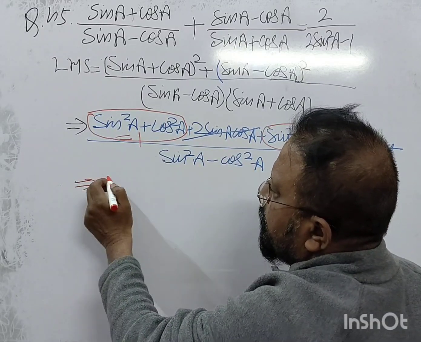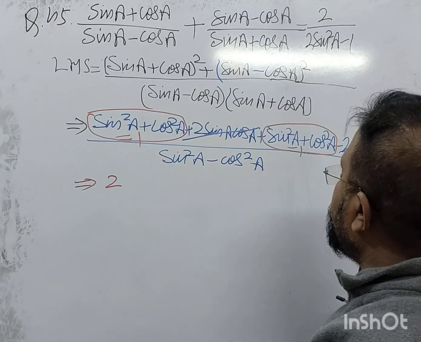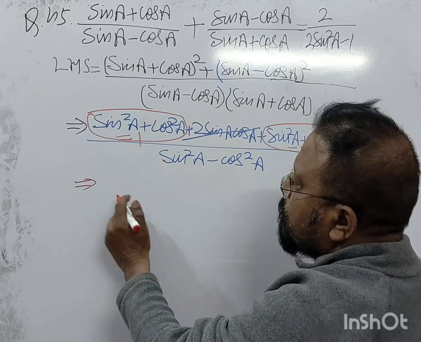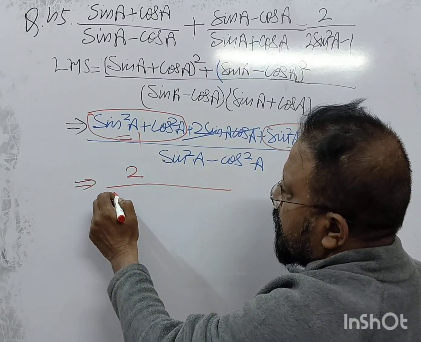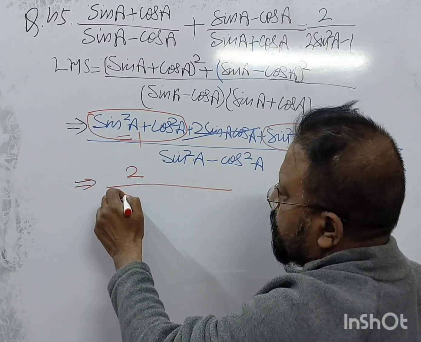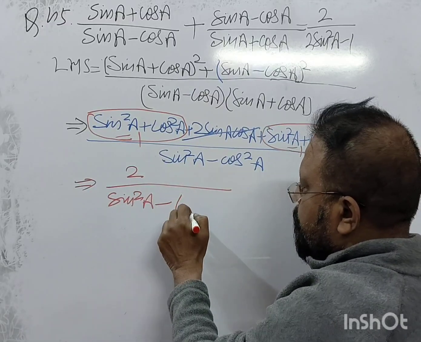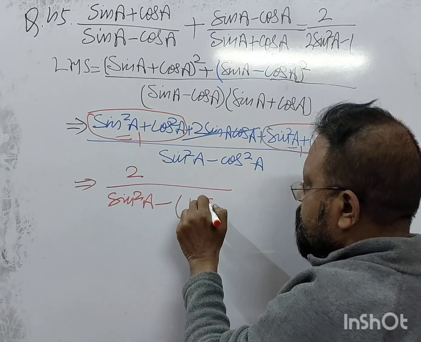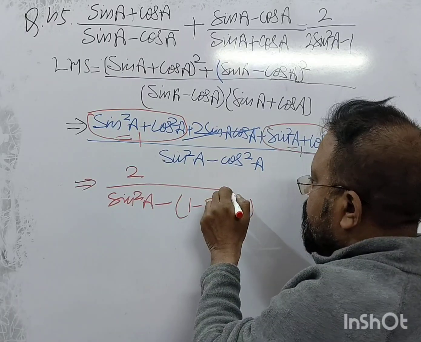So we can write here 2, right? So 2 upon sin square A minus cos square A means 1 minus sin square A, right?